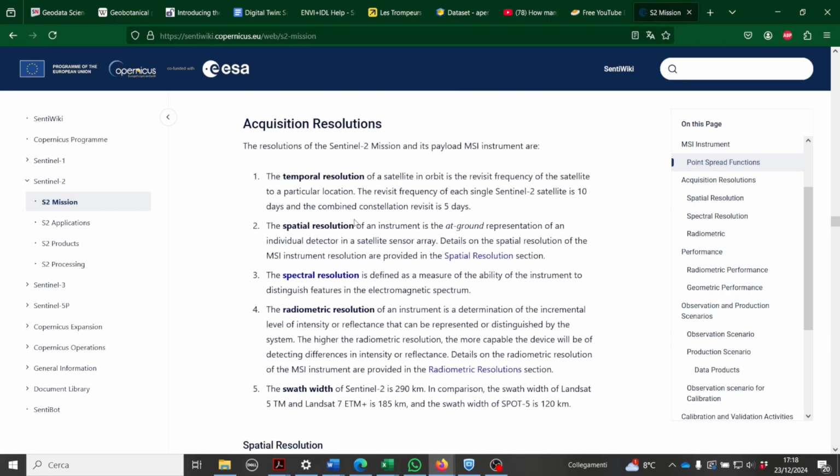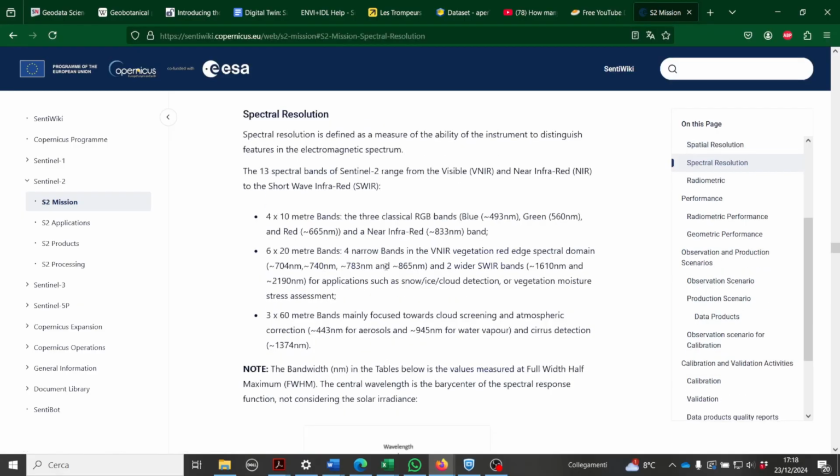Concerning the spatial resolution, we will see that the spatial resolution is different for the different spectral bands, and is ranging from 10 meters to 60 meters, while the spectral resolution that is related to the different spectral bands is what is in the hyperlink here. So we can go to the hyperlink.